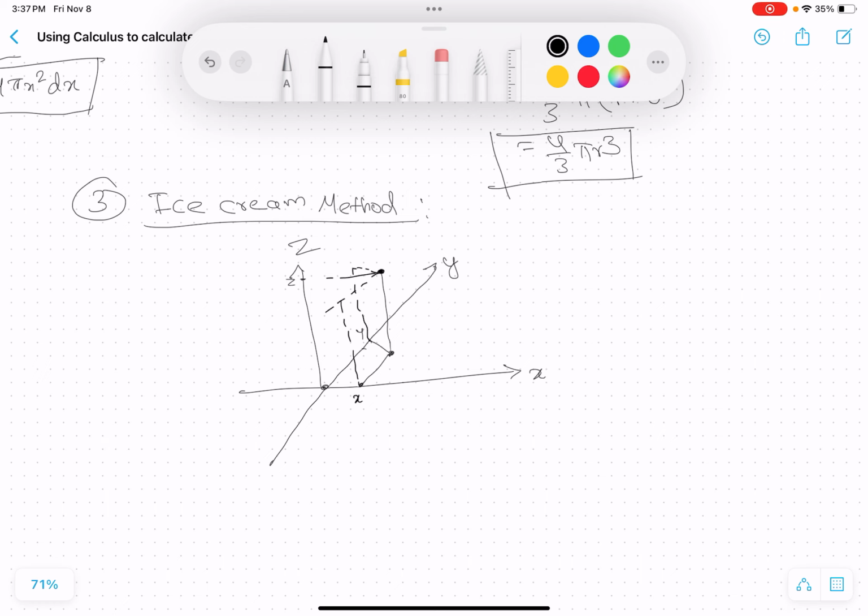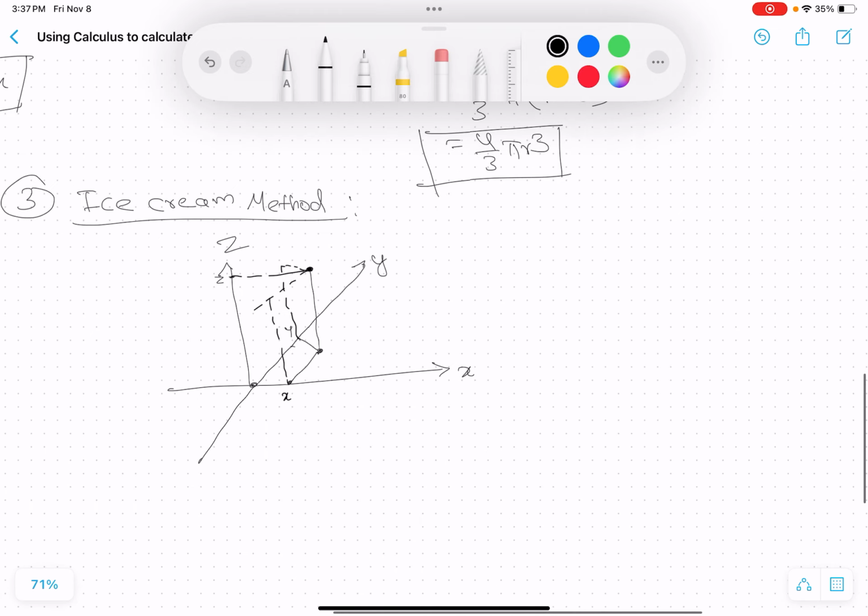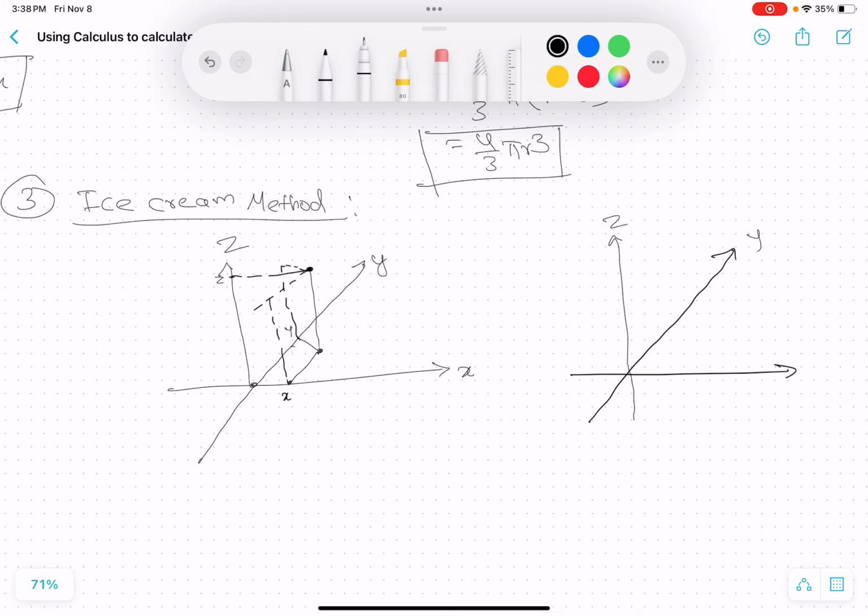And now in the spherical coordinate system, the location of any point is determined in the following way. For any point over here, we will try to see 3 different factors. First of all, its length from the center, which is called rho, and its angle from the z-axis, which is called phi.